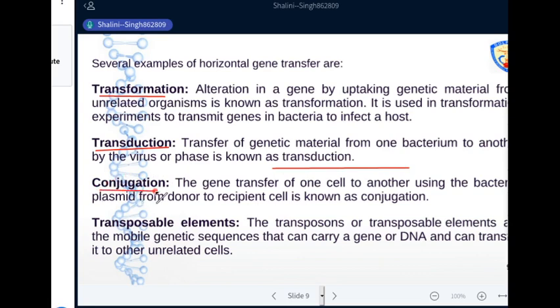There may be conjugation for horizontal gene transfer. It is gene transfer from one cell to another using the bacterium plasmid from donor to recipient cell. And it may be by transposable elements. Transposable elements, also known as jumping genes, they also can cause changes in the cells.